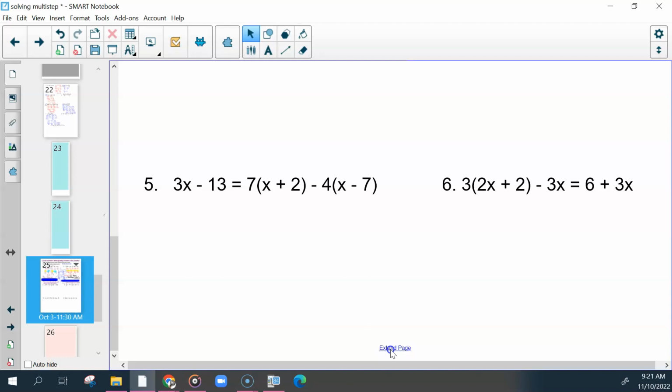No solution. Did everyone get no solution? Yes. Does anyone need to see that one? No. Okay. And then number 6, what did we get? Infinitely many. Did we all get that? Yes. Does anyone need to see that one? Yes.